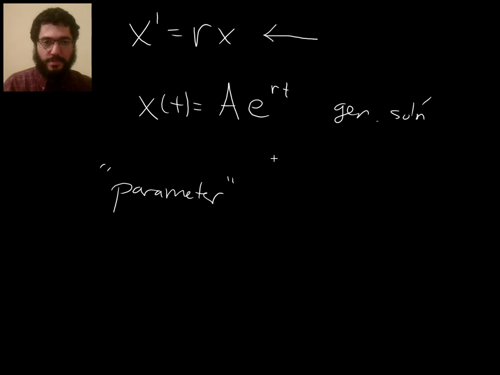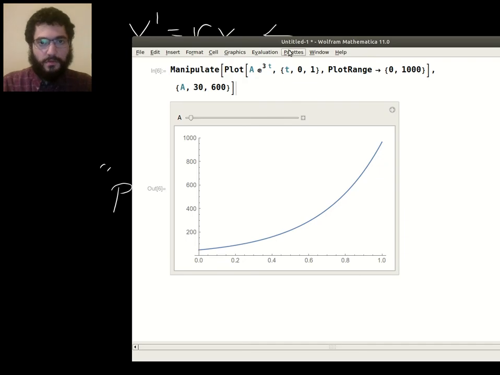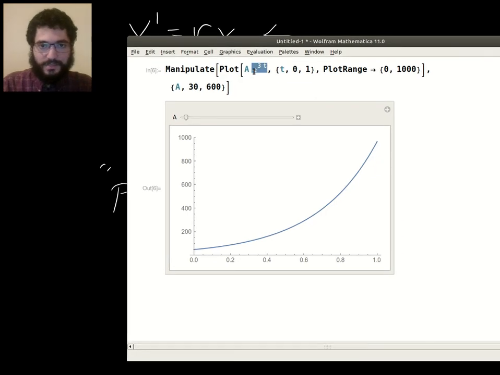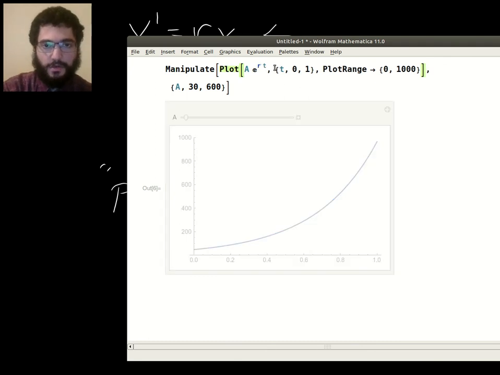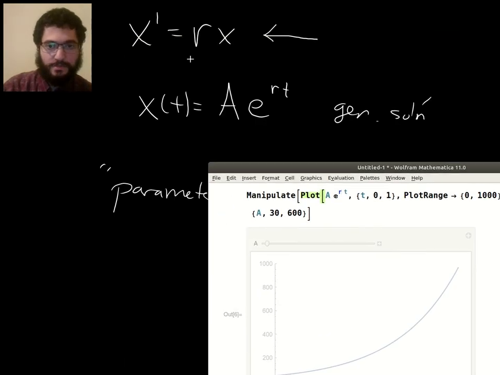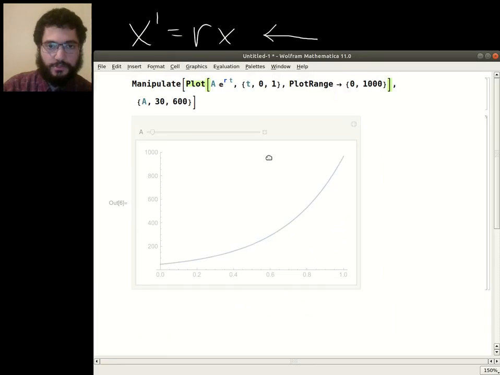Let me show you some examples of what this would look like in Mathematica. Here's the same Mathematica notebook that I showed you earlier, and I'm just going to change the 3 here to an r. And that's our general solution over here.